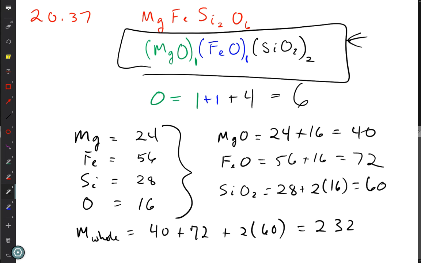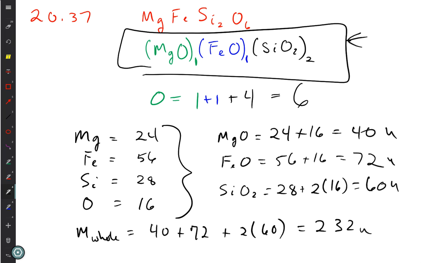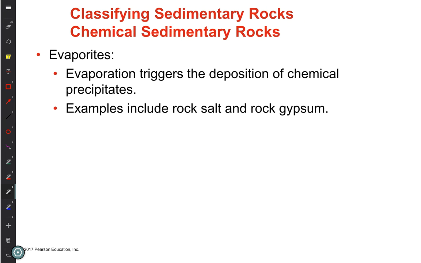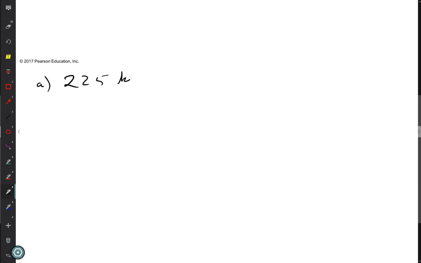So these are all in atomic mass units. Now I'm able to do the problem because I know what percentage of each one is going to be. So part A asks us how much mass I'm going to have of silica if I have 225. I've run out of space. Next page. So I have part A, 225 kilograms of pyroxene.